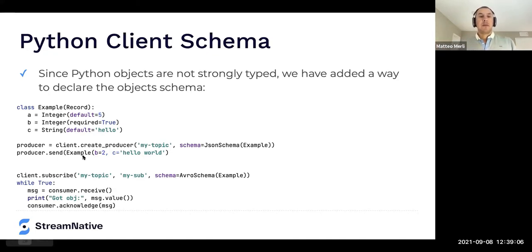Whenever we publish, we are creating a producer, and I say that my schema is, say, a JSON schema of my example class. At this point, I'm getting a producer, and this producer is expecting instances of this example class. So I'm just passing an instance of this example, which I'm constructing, with b equal 2 and c equal hello world.